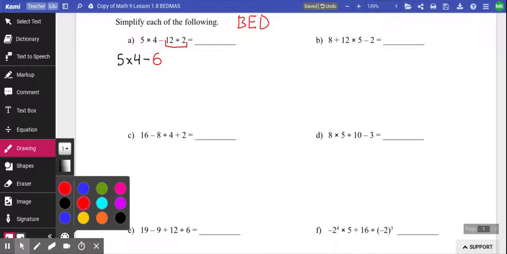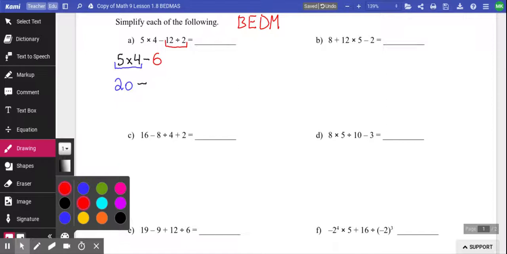The fourth letter is M. M stands for multiply. If there's any multiplying in the question, you need to do that next. If I look here, I have 5 times 4. That's multiplication. I need to calculate that next. Everything else stays the same. So 5 times 4 is 20. My minus sign stays.